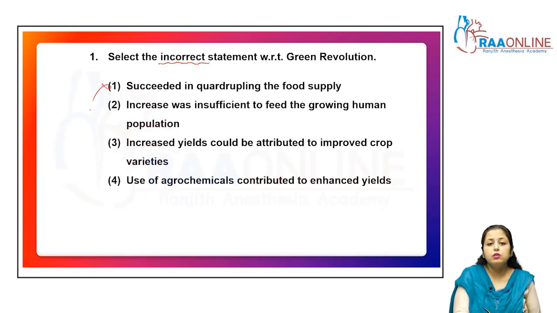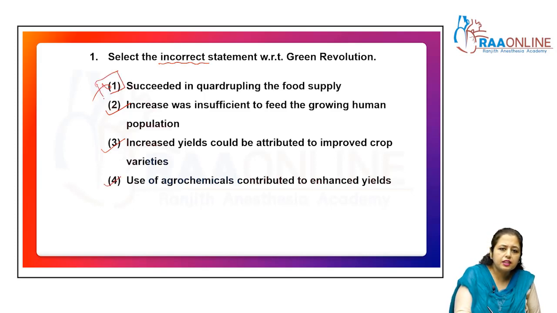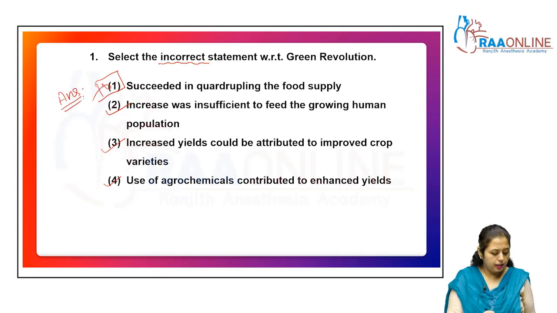No, it is related with the tripling of food supply, as mentioned in NCERT exactly. Increase was insufficient to feed the growing human population? Yes. Increased yields could be contributed to improved crop varieties? Exactly. The use of agrochemicals contributed to enhance the yields? Exactly. So the incorrect one is the first, right?